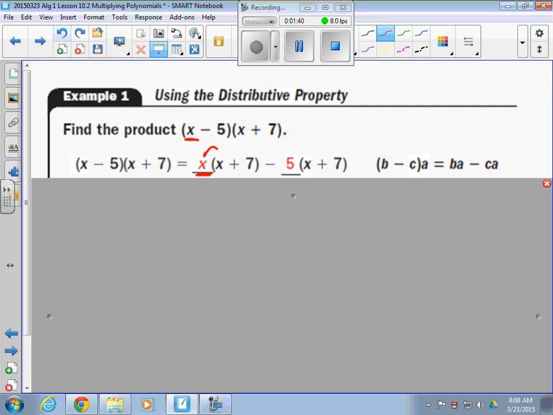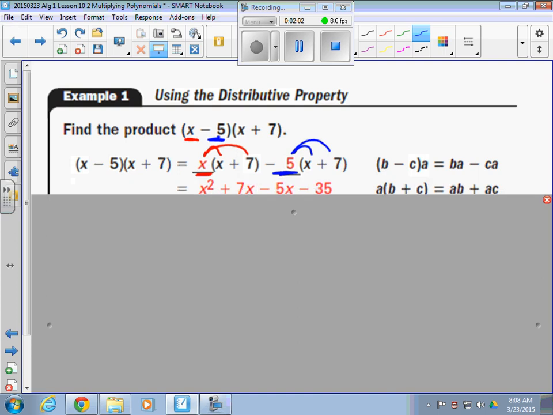When we do x times x, we get x squared because you add 1 and 1. And x times 7, we get 7x. It separates that binomial at first into -5 times x plus 7. -5 times x is -5x. And -5 times 7 is -35. So you're left with x squared plus 7x minus 5x minus 35.